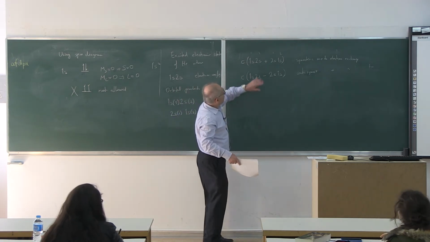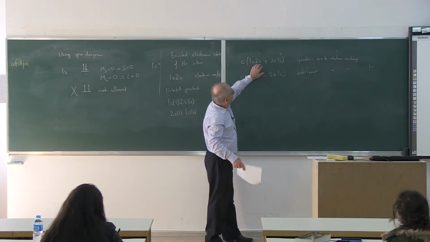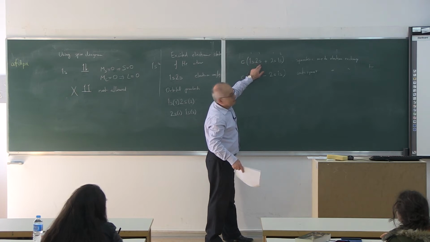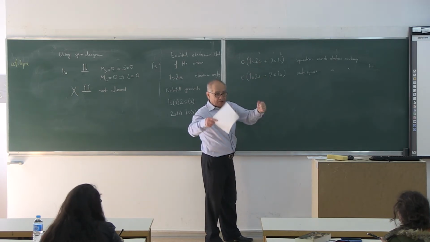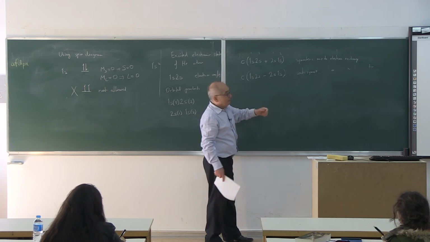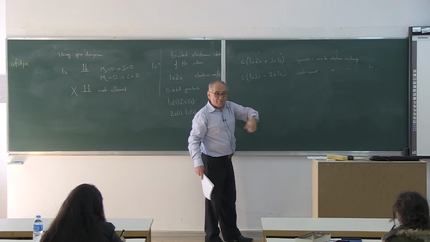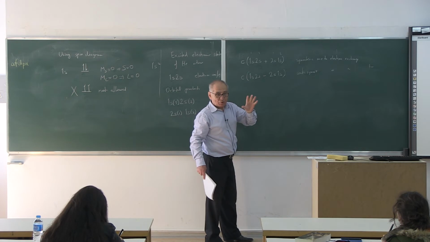So what does it mean? The first function, this one, because it is symmetric with respect to electron exchange, what type of spin function should we multiply it with to obtain the total function? Because the overall function must always be antisymmetric, by the Pauli exclusion principle.